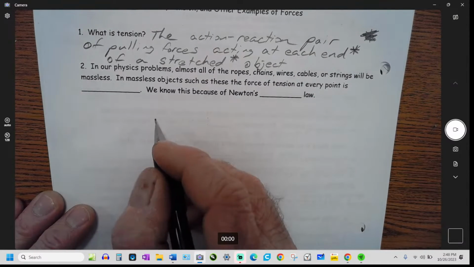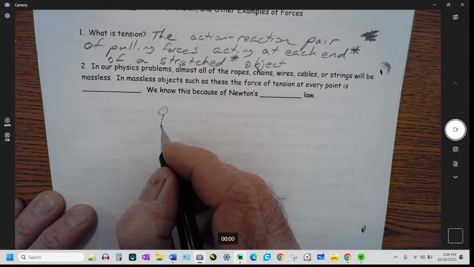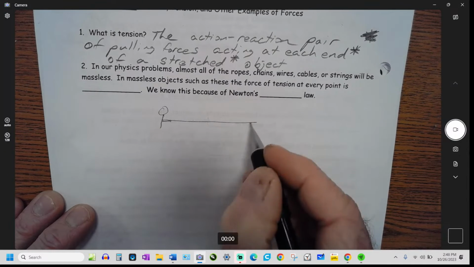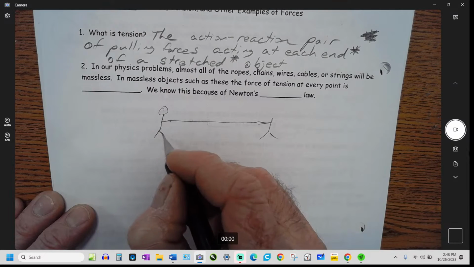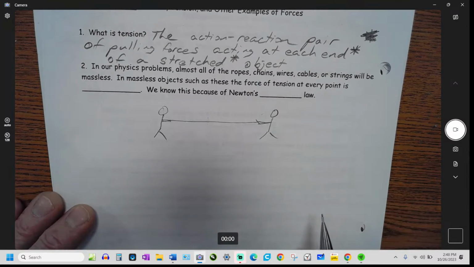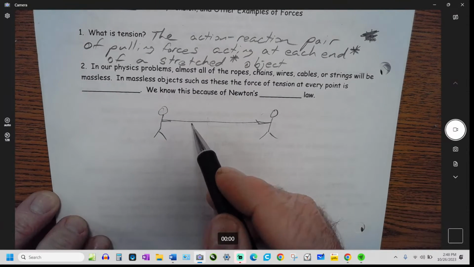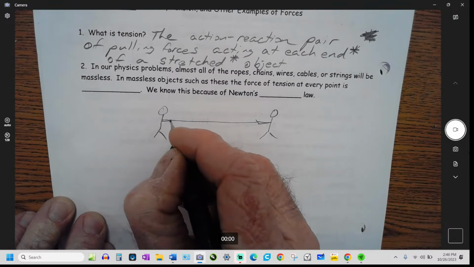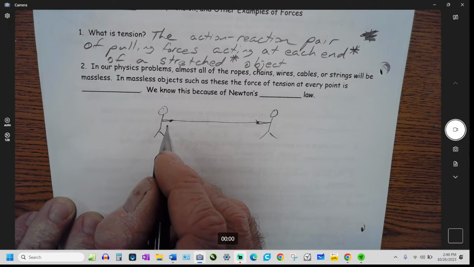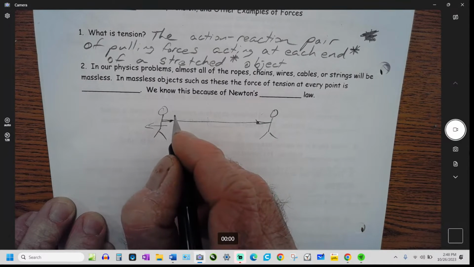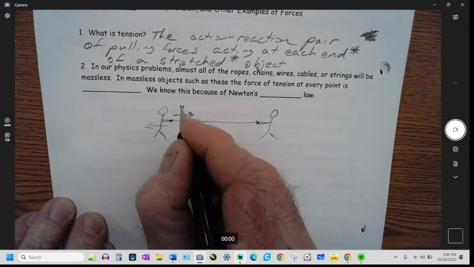So what this means is if we've got a tug of war going on, for example, and we have a string here or a rope, and we'll get to the fact that the rope has to be massless in just about all situations for physics to work. So one end of it is here and one end of it is here. So the person pulls this way on the string, but then the string pulls this way, and that is the force of tension.